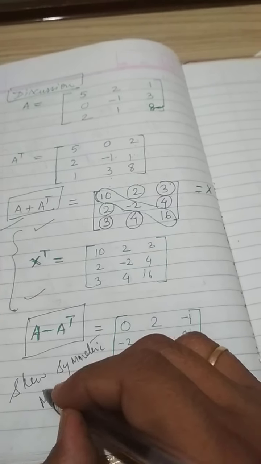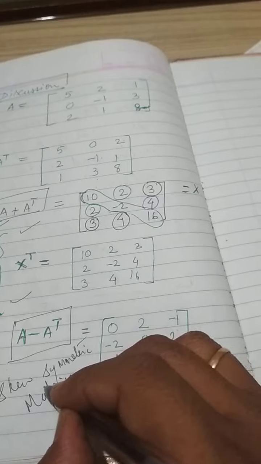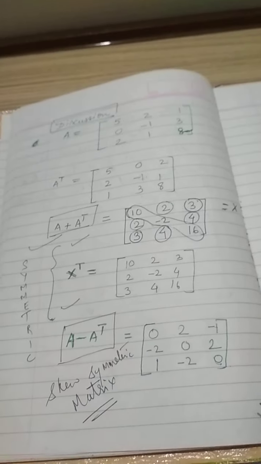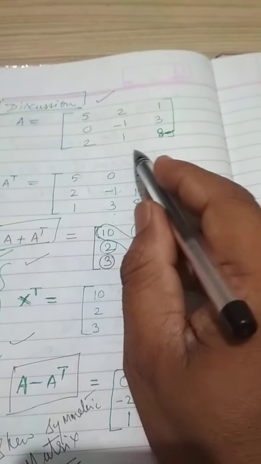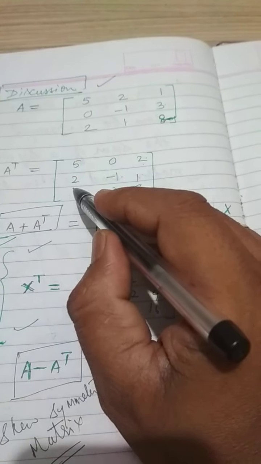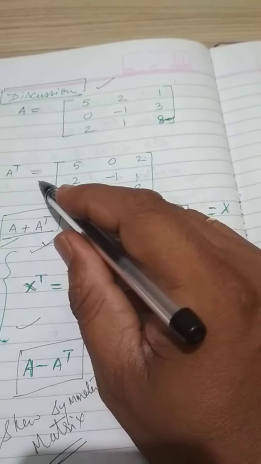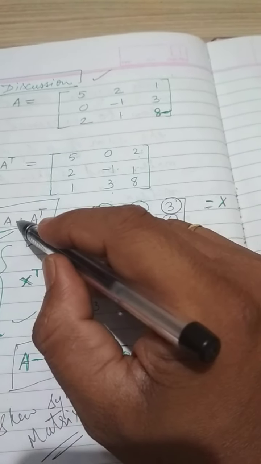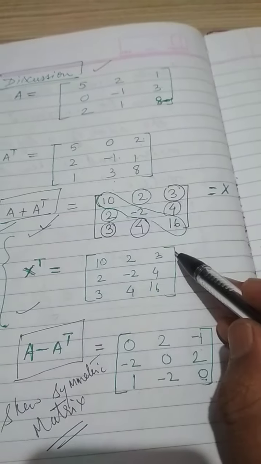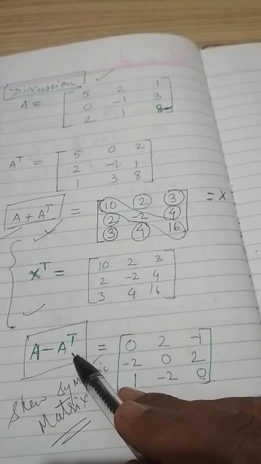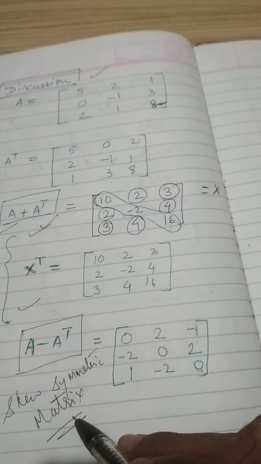So we have seen through this discussion that if you take any square matrix, then if you find its transpose, A plus A transpose is a symmetric matrix and A minus A transpose is a skew symmetric matrix.